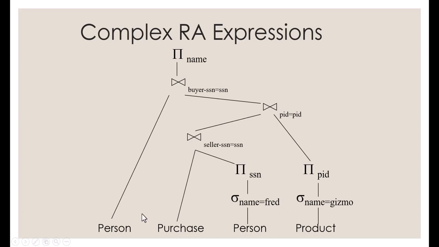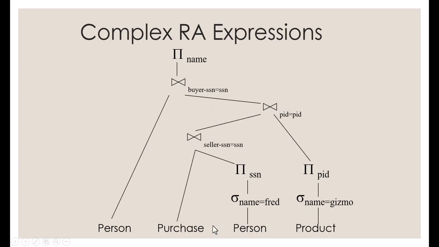So we have product. We want to display the product ID, and the name here is going to be Gizmo. And we're taking a natural join between purchase and person. But for the person, we only care about displaying the social security number, whose name is Fred. So we're joining these two tables first, and then taking a natural join between that and product with this predicate, only showing PID.